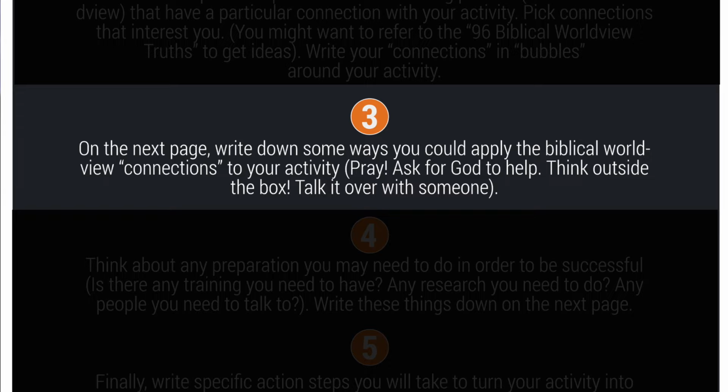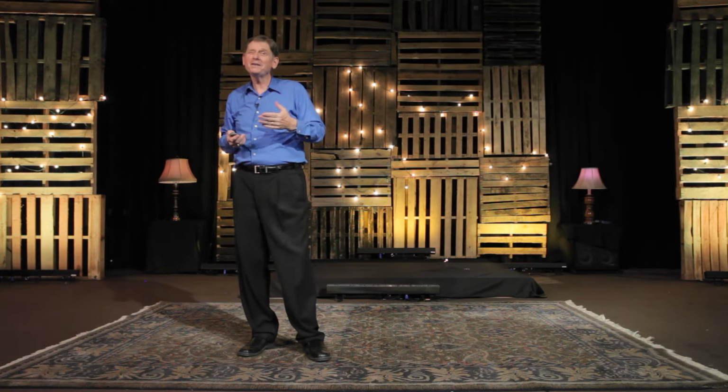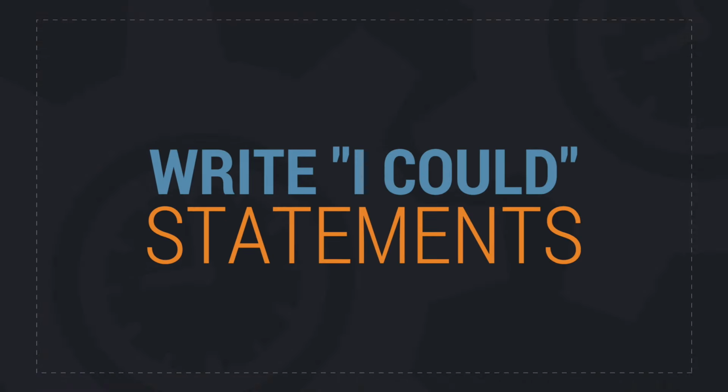Now, the next step, step 3, which is the one we're on now, says this: write down some specific ways you could apply the biblical worldview connections to your activity, that you could apply those bubble thoughts to washing dishes. Talk it over with a friend, pray about it, think outside the box, and then write those down as I could statements. These are visionary I could statements. Here's the way one person did it.